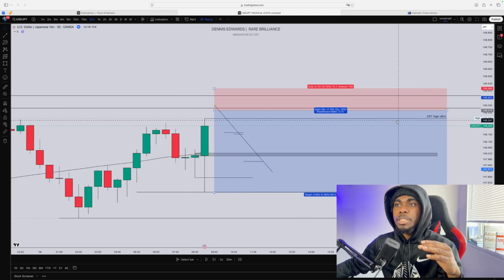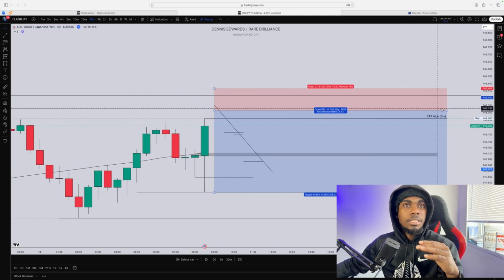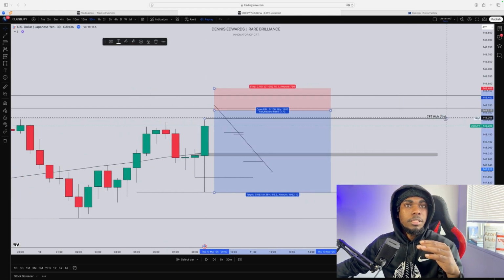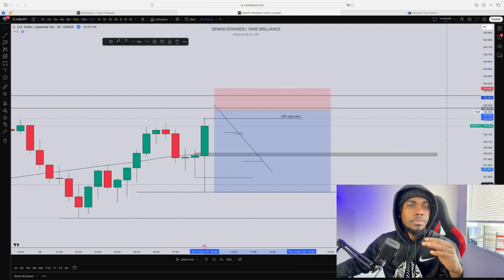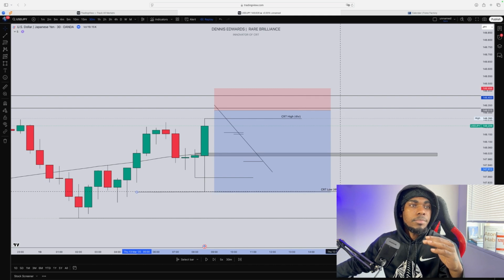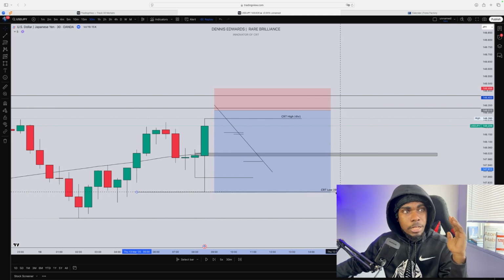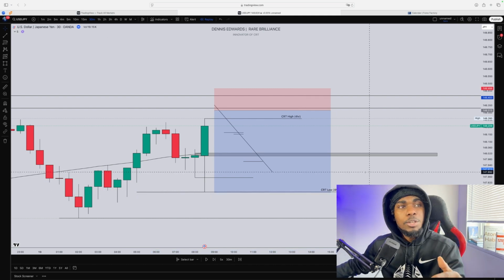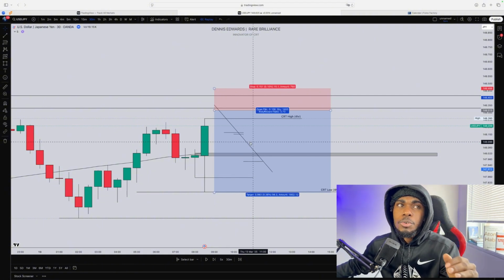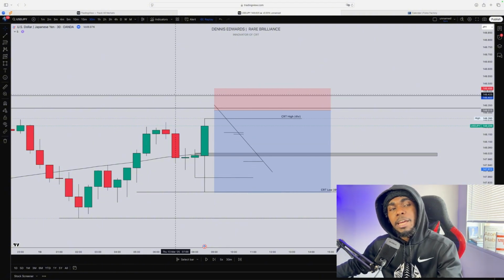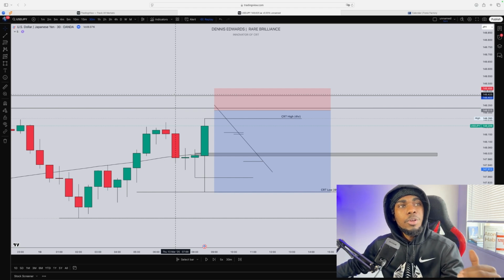You can tell by the way I draw off the highs and the lows. Let me make this shorter for you guys here. This shows me that this is still connected to the 4-hour candle, but it's also a 30-minute candle, depending on if it shows the rejection.